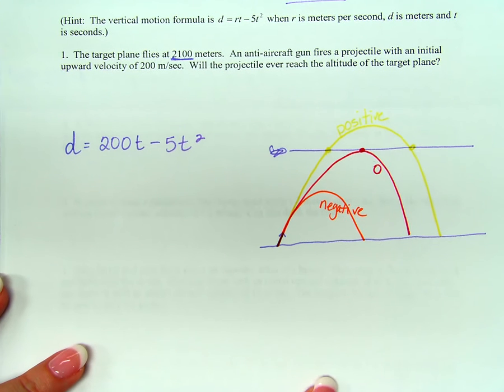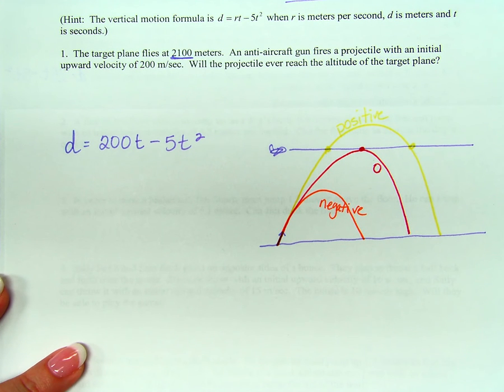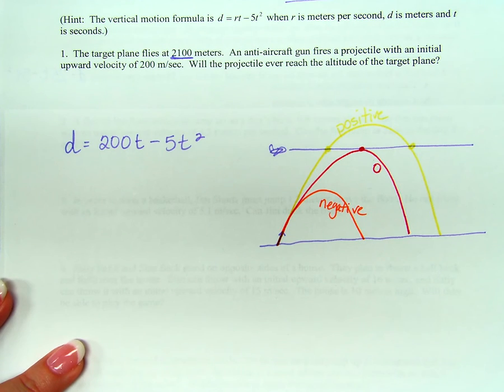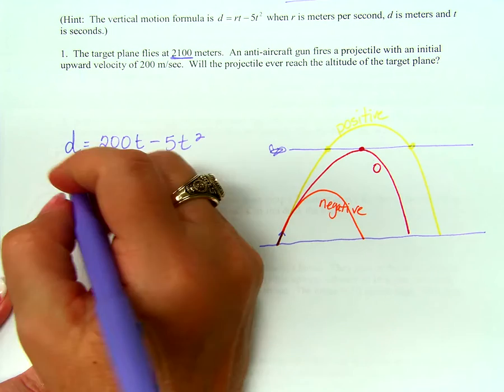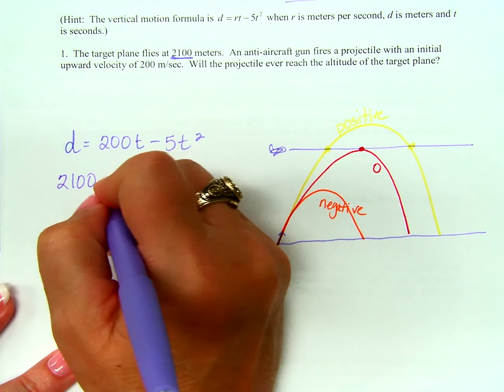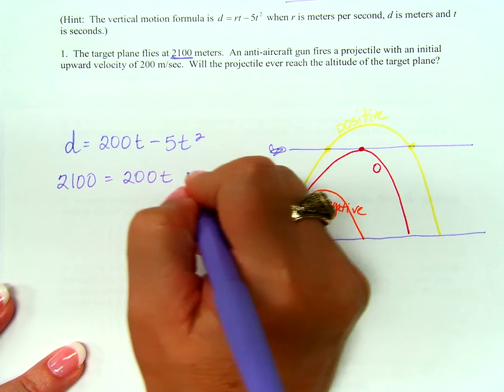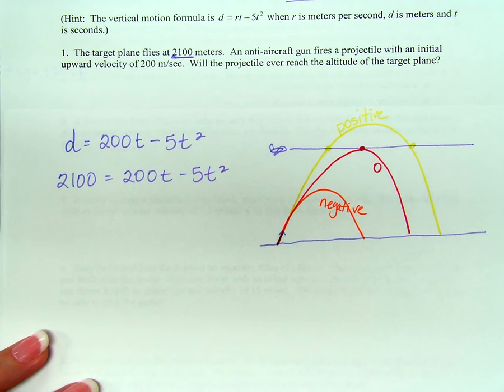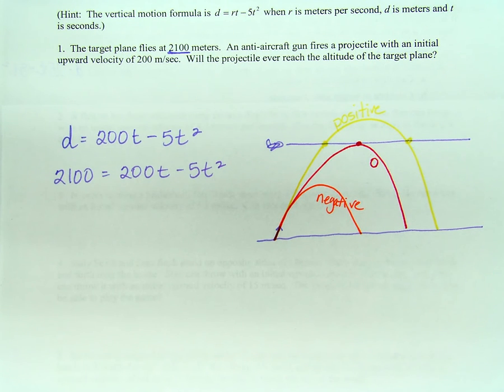So that's the main formula. Do we know any more specifics? I know 2100, right? What's that? That's my D. That's my vertical distance.